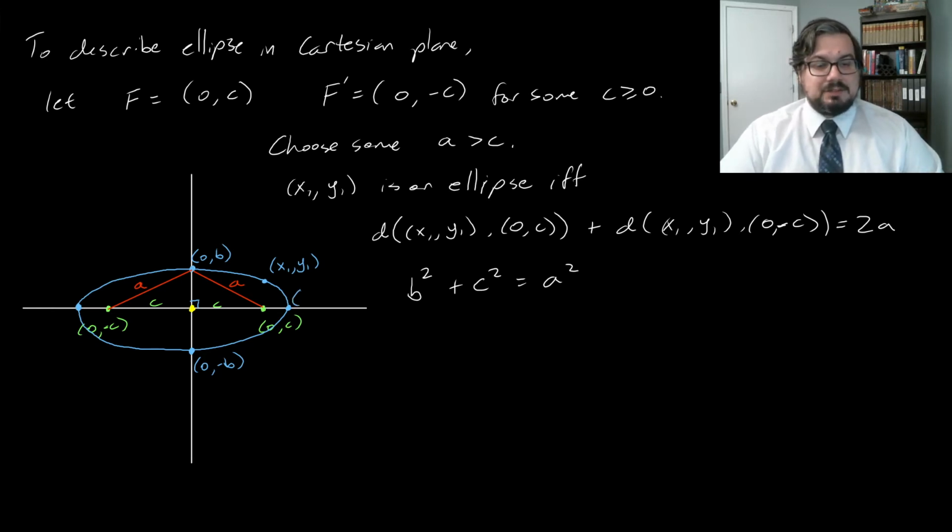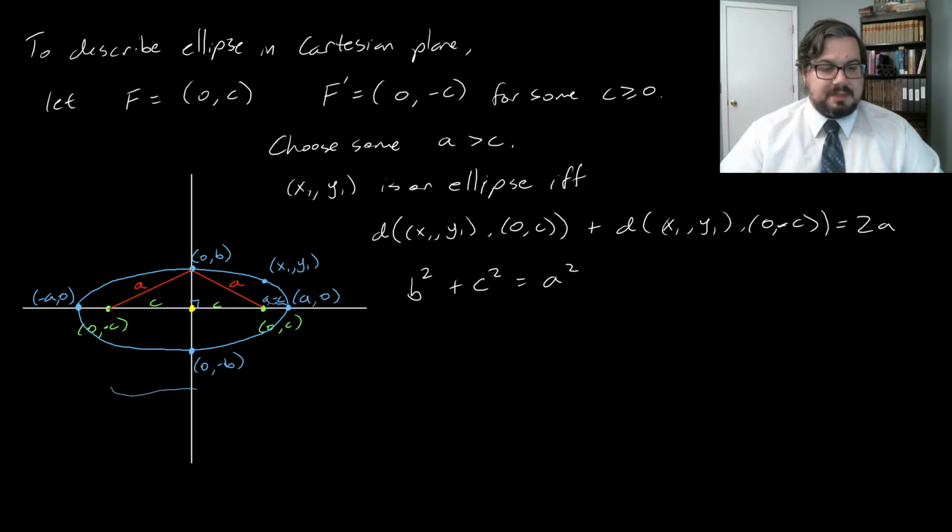And in fact, as it turns out, they're going to be the points a, 0 and negative a, 0. Let's see why that is. We have that the distance from the point a, 0 to the point 0, c is equal to a minus c. That's this distance in here.